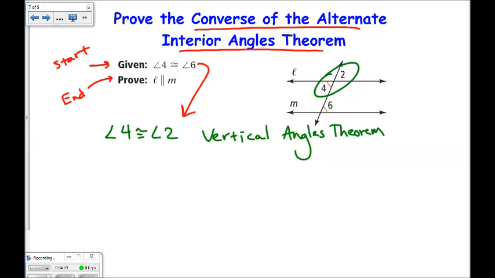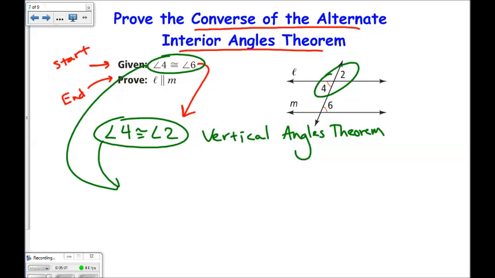And because angle 6 and angle 2 are both congruent to angle 4, then I know that angle 6 must be congruent to angle 2, and that is by the transitivity property of congruence.